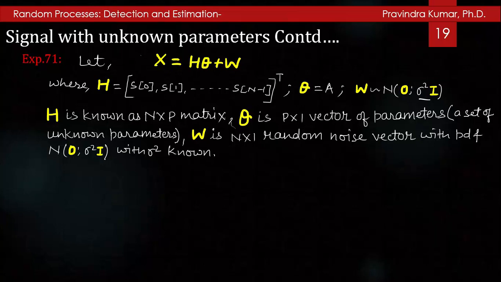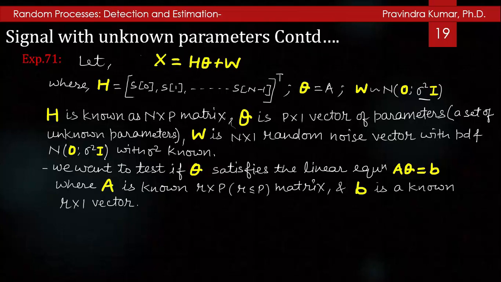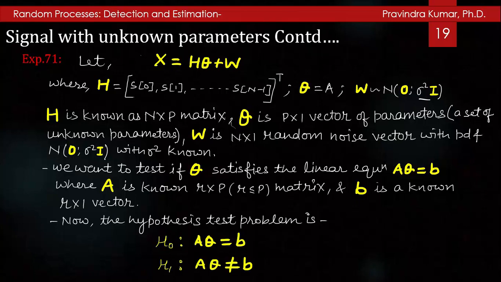We wish to test theta that satisfies the linear equation A theta is equal to b, where A is a known r by p matrix with r less than p, and b is a known r by 1 vector. So the hypothesis test problem can now be written as H0: A theta is equal to b, and H1: A theta not equal to b.